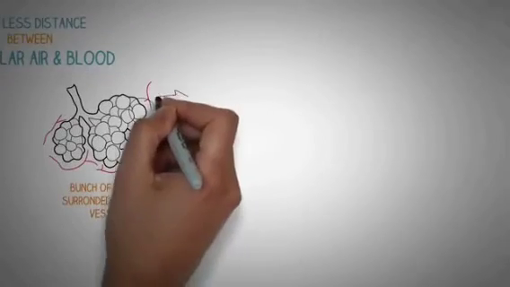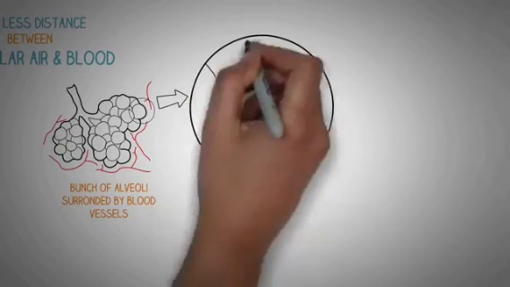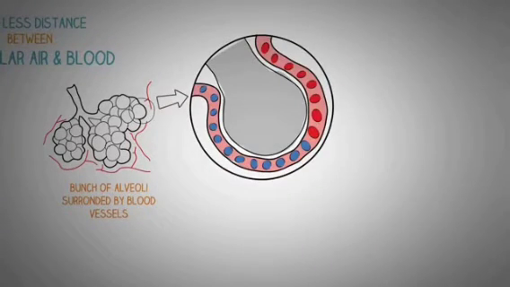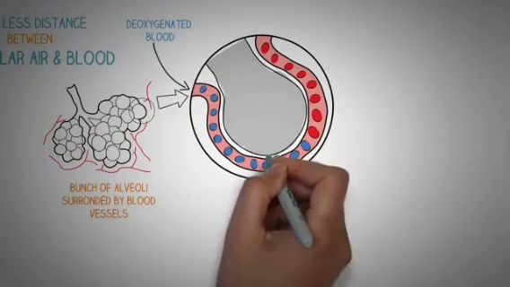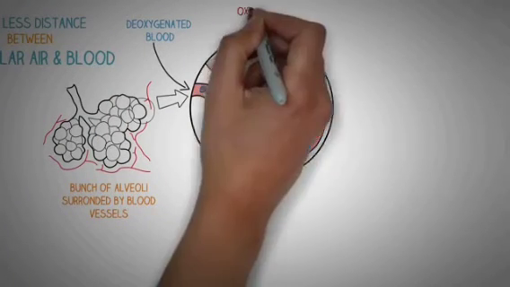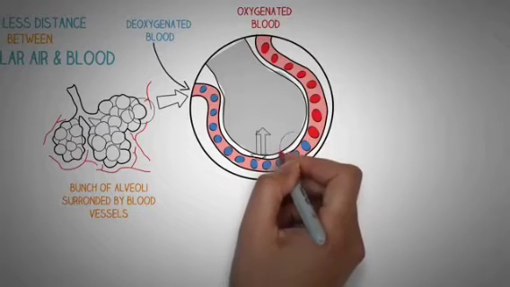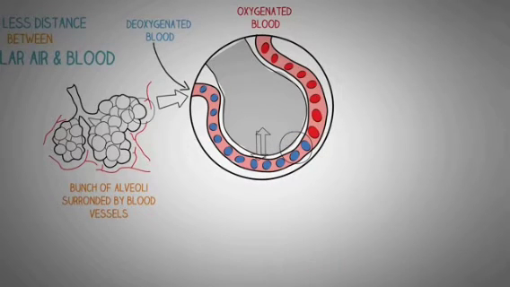This barrier between air and blood averages about 1 micron in thickness. Oxygen passes quickly through this air-blood barrier into the blood in the capillaries. Similarly, carbon dioxide passes from the blood into the alveoli and is then exhaled.